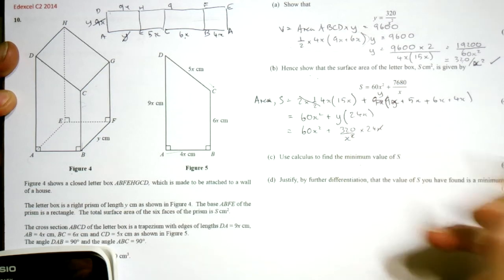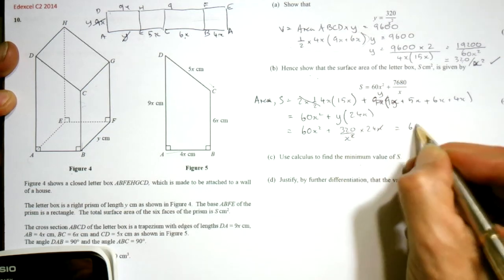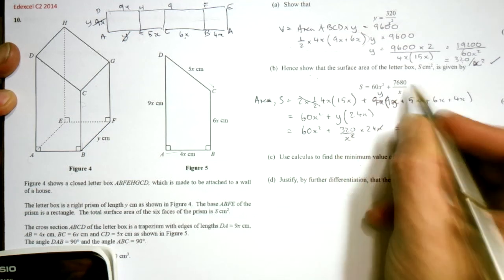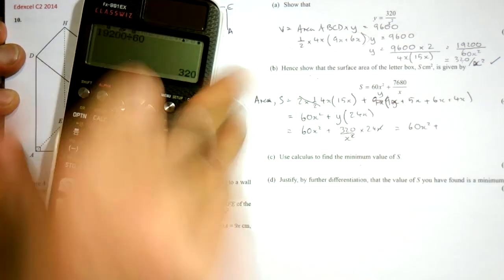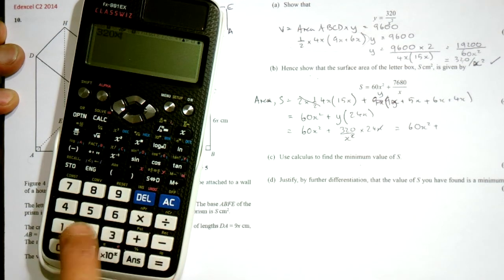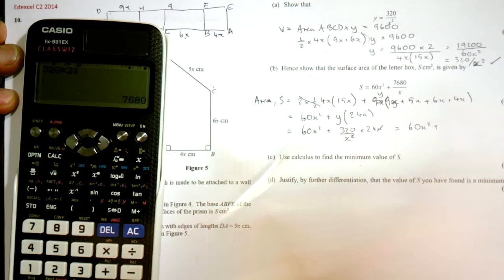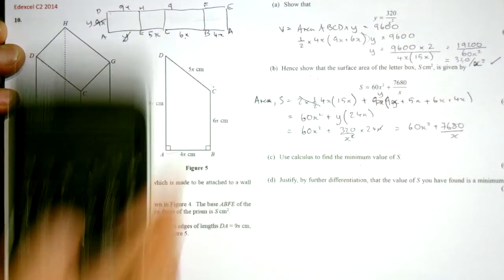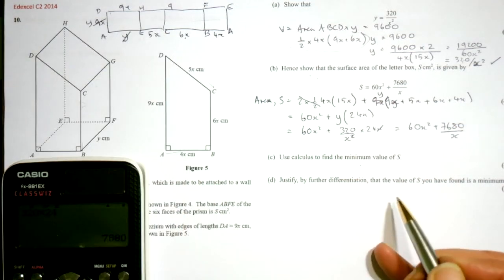That x and one of those goes away, and so we've got 60x squared plus, guess what 320 times 24 is? Could it be 7680? 320 times 24, 7680 over x. Use calculus to find the minimum value of S.